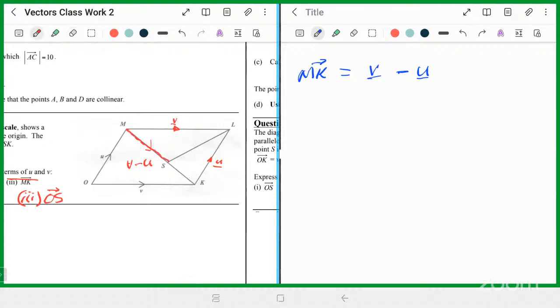I will know that this was 2/3 of the length. So that vector right here will be 2/3 of the MK. And 2/3 of the MK means 2/3 of the V minus U. Or if necessary, we can go from S down to K. And we are keeping the direction this way.